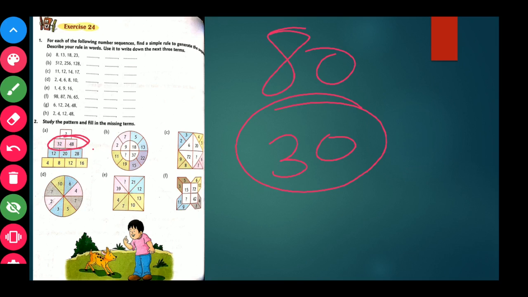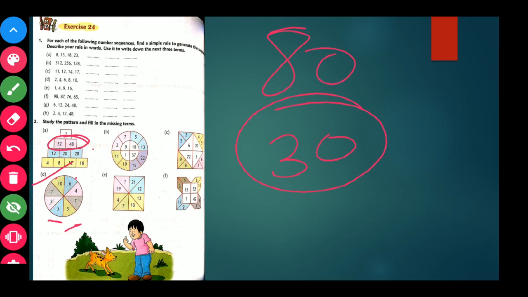See question number D. From this yellow strip, the yellow strip is 5 and here 10. What you do in 5 to get 10? It is just double of 5. So 5 twos are 10. Similarly, see this blue strip 3 and then here 6. So what you do in 3 to get 6? 3 twos are 6.